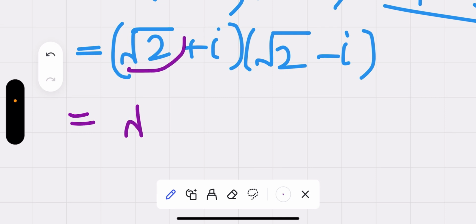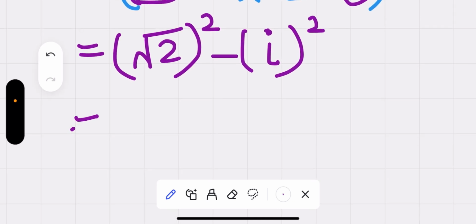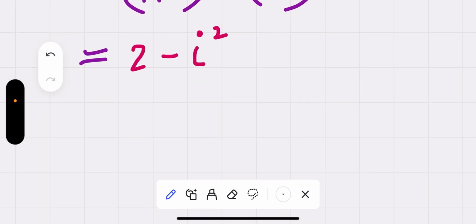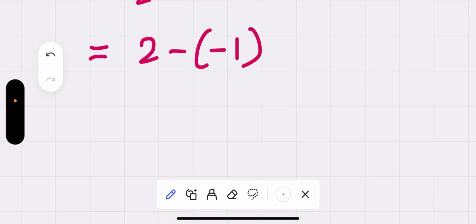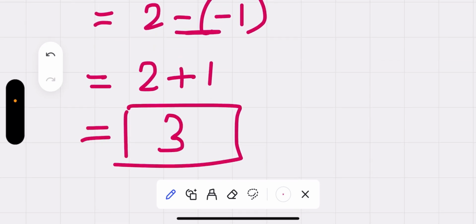So this first term is playing the role of a, so a square, minus sign of the formula, and this second term is playing the role of b, so iota square. This square will cancel the square root. So we have 2 minus iota square. 2 minus iota square, we can write minus 1. These two signs will become plus 1. So 2 plus 1 gives 3.